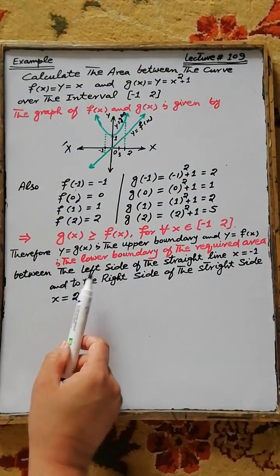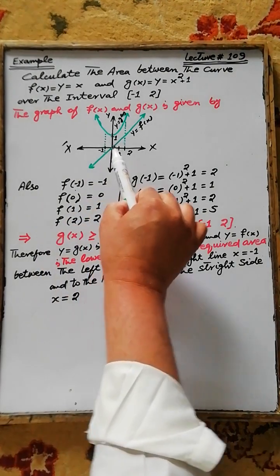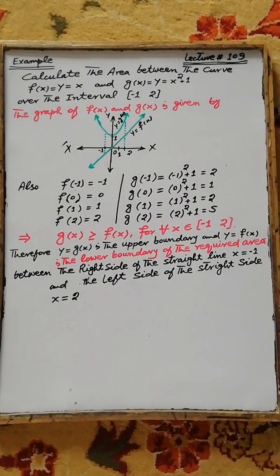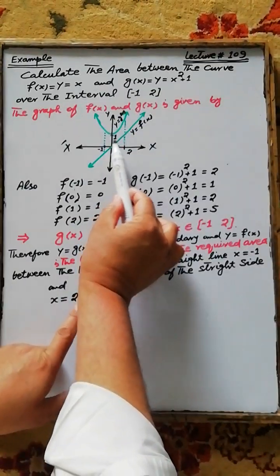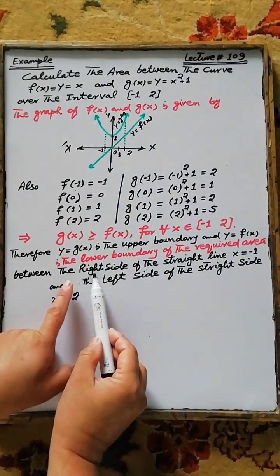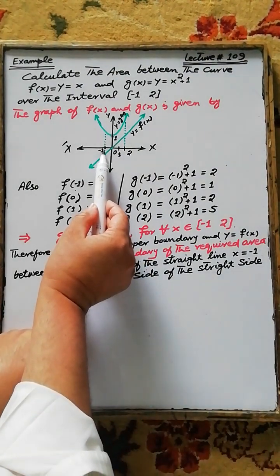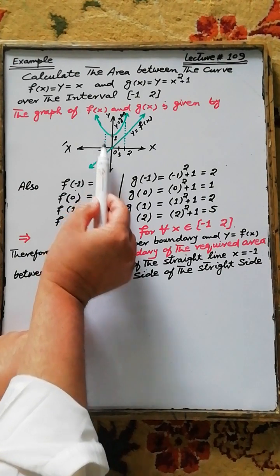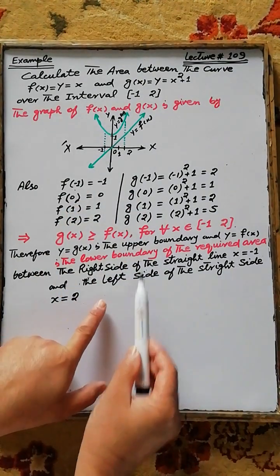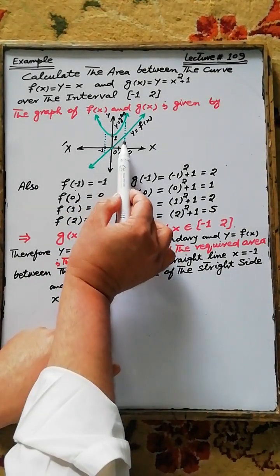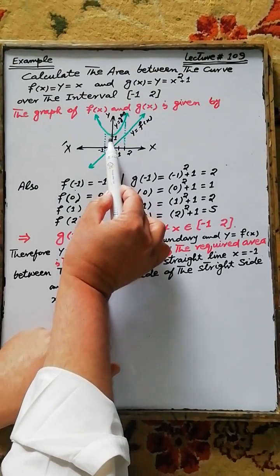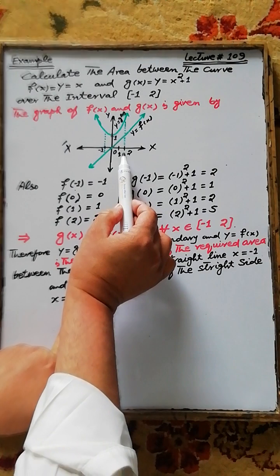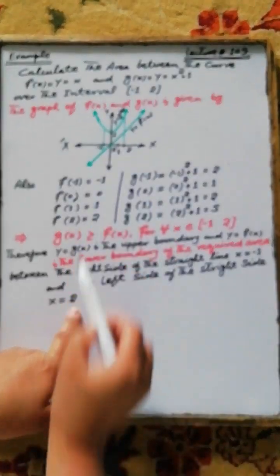On the left side is the straight line x = -1, and on the right side is the straight line x = 2.